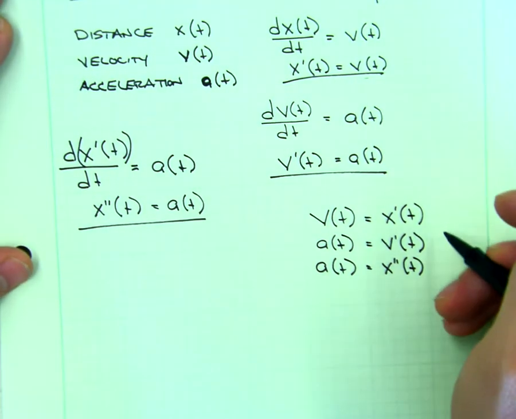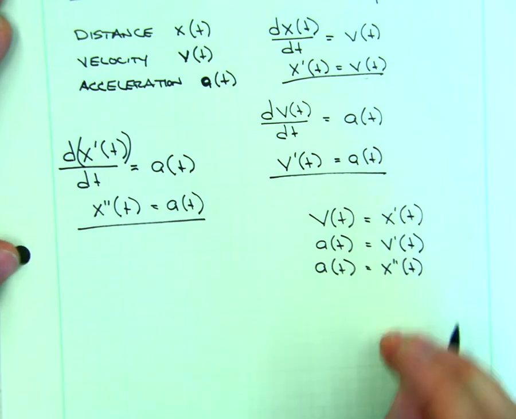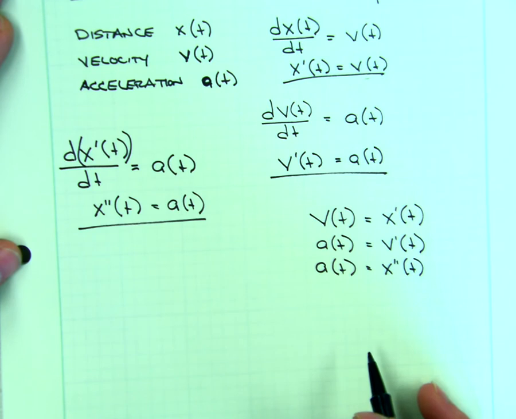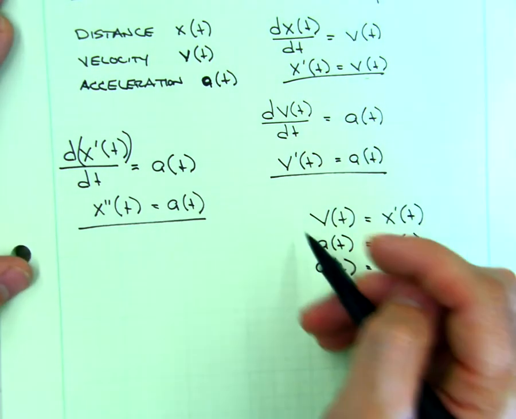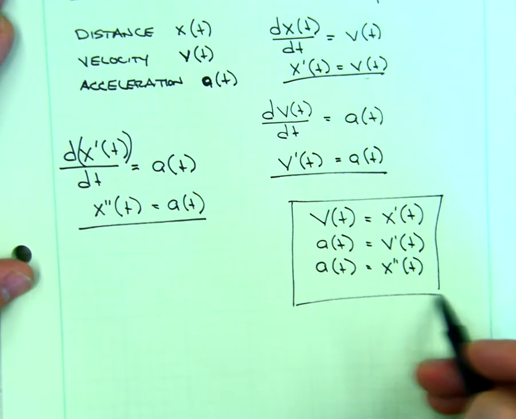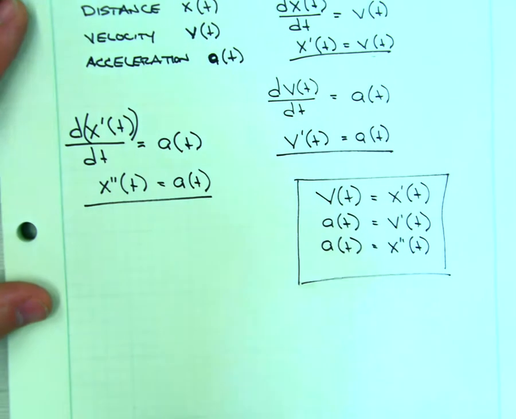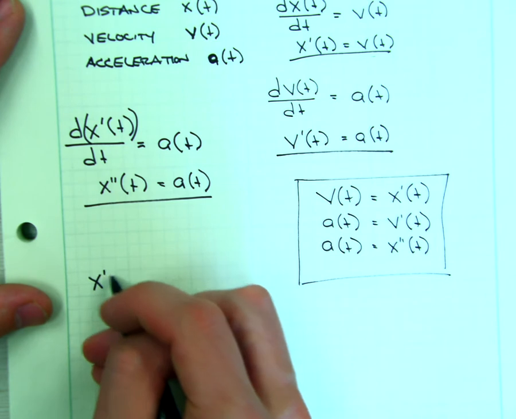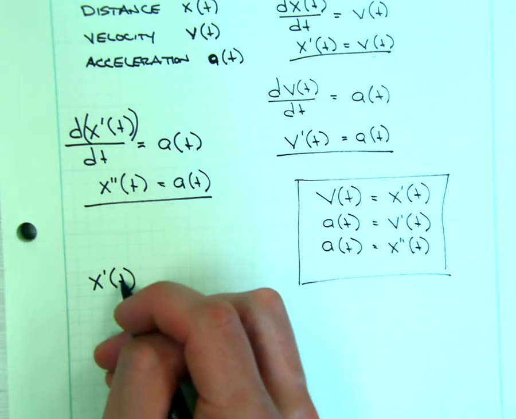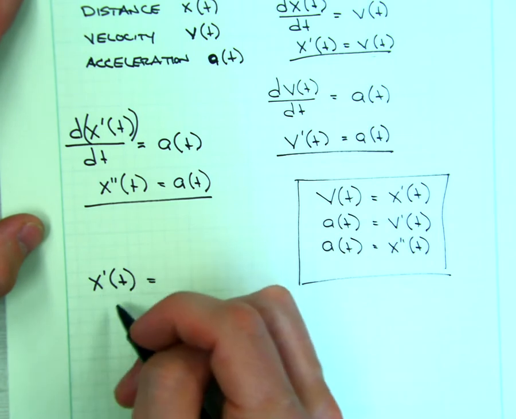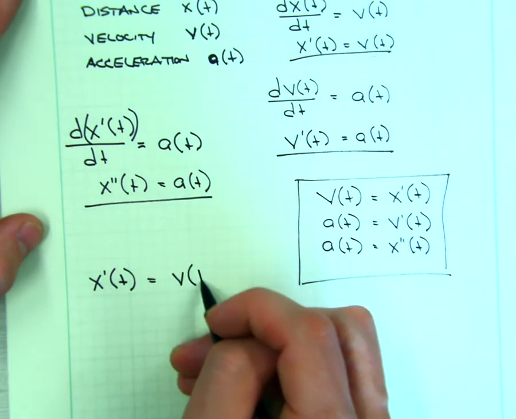Now this relationship goes one way with derivatives. It goes the opposite way with antiderivatives, or integrals. Now let me look at what happens when I start here with x prime of t. Say I'm not given a function for x of t, but I am given a function for v of t.